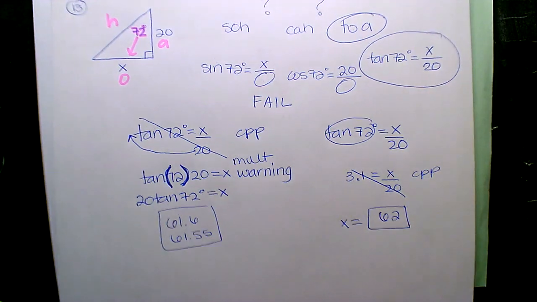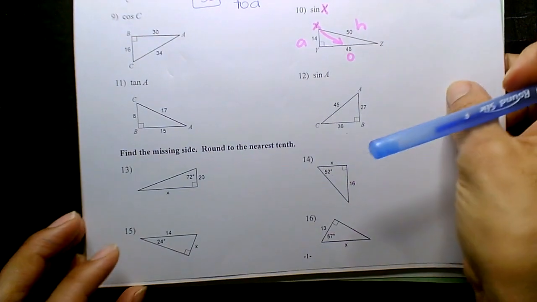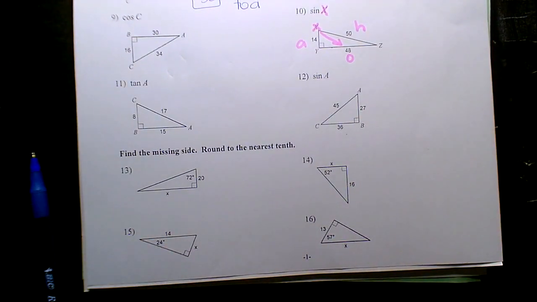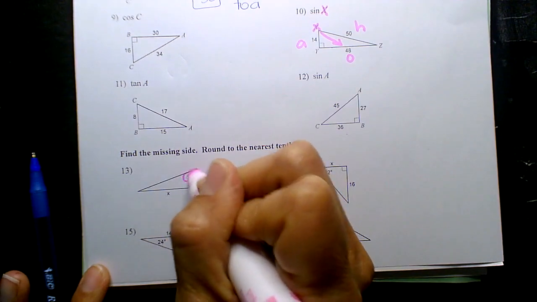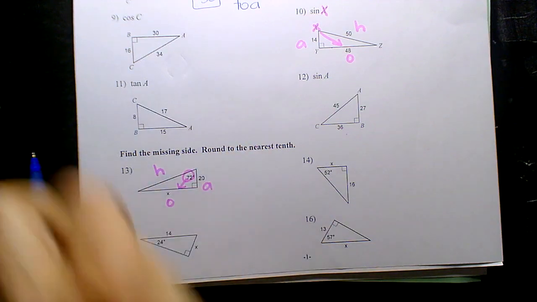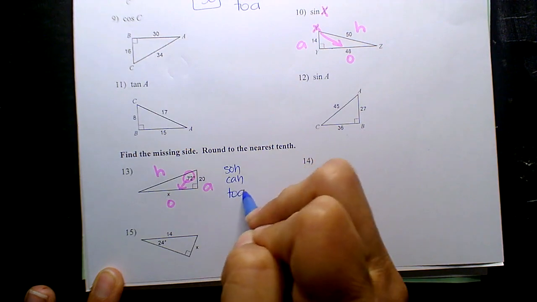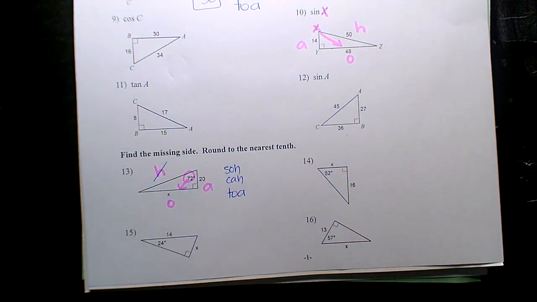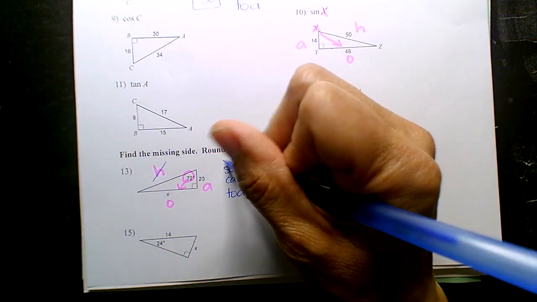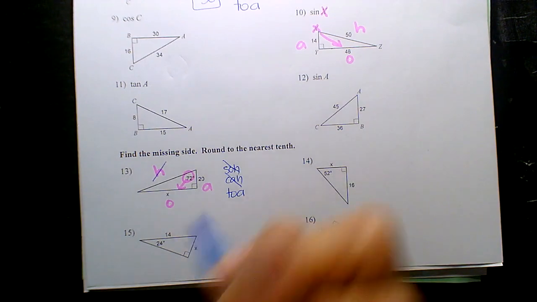Okay, so if I redo the problem quickly, and then I'll do 14 as well. If you're doing it fast: 72 degrees, O, A, H. If you write SOHCAHTOA, H is blank. I cannot use H, so any trig that has H in the ratio is out.